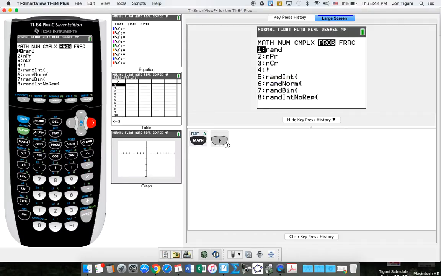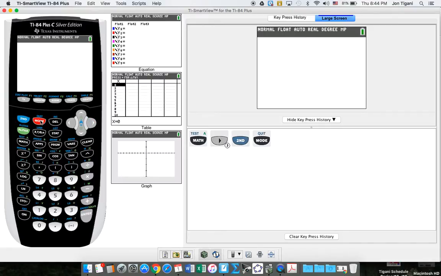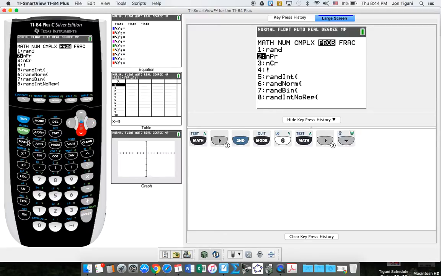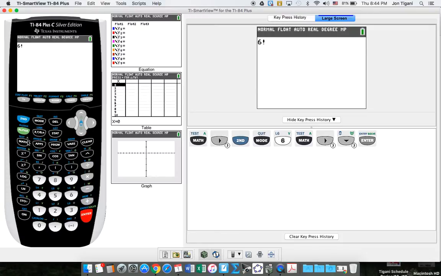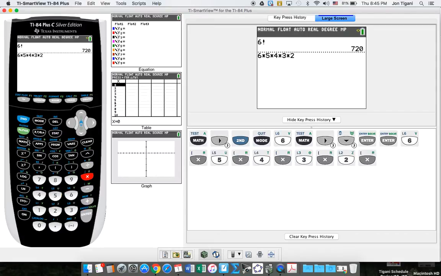So if you had, let's say, 6 factorial like we did in that other example, you can hit the number 6, go to math, over to probability, down to 4, and hit enter. And it comes out as 720. This is the difference between you having to do 6 times 5 times 4 times 3 times 2 times 1, etc. It's the same thing.